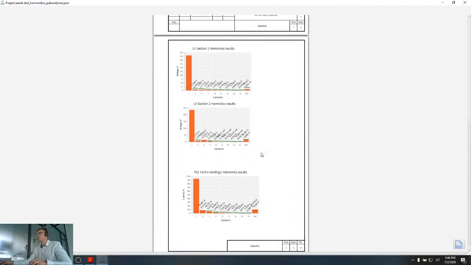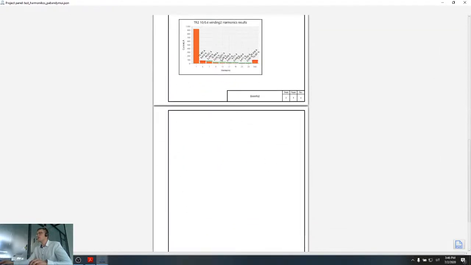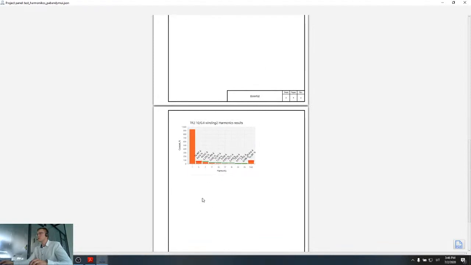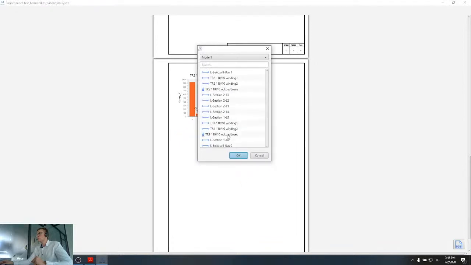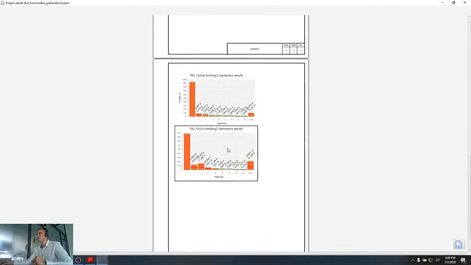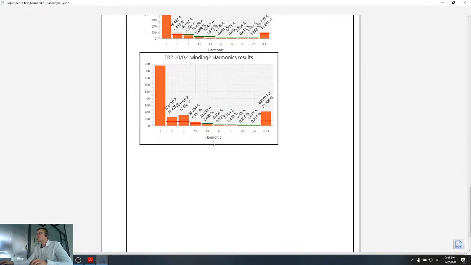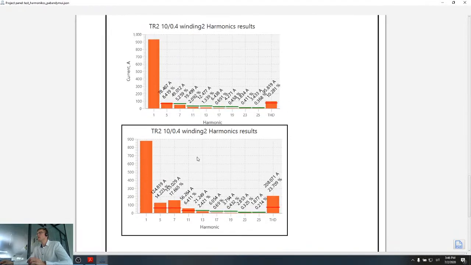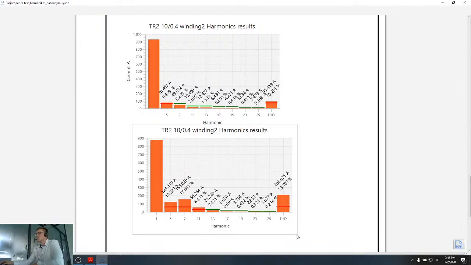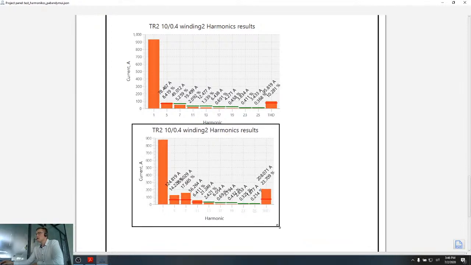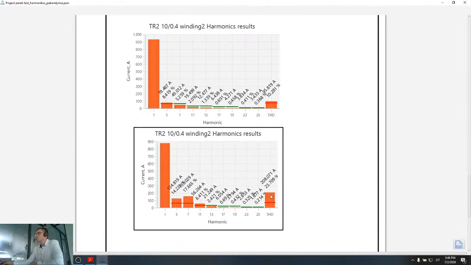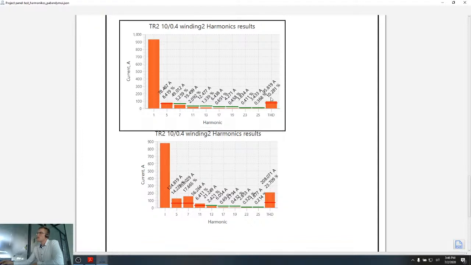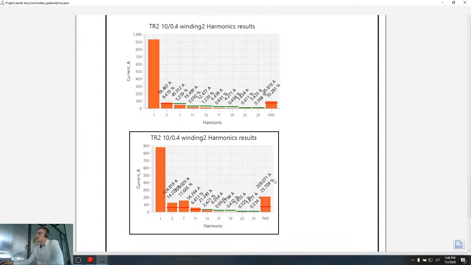Let's check what happened with the current harmonics as well. I will add one more page. The first chart is without the capacitors. Let's add one more chart with capacitors connected. We can see that in case of current harmonics, the increase was even bigger. When we connected the capacitors, current harmonics increased from 10% to 23.7%, so more than 2 times.